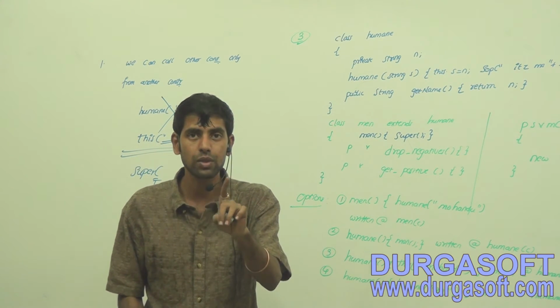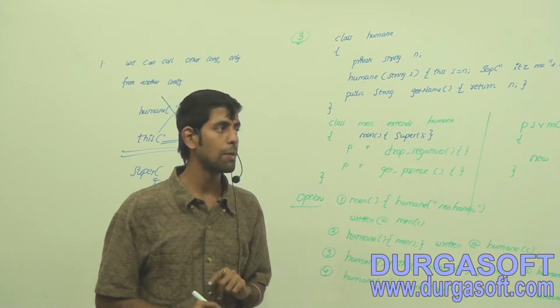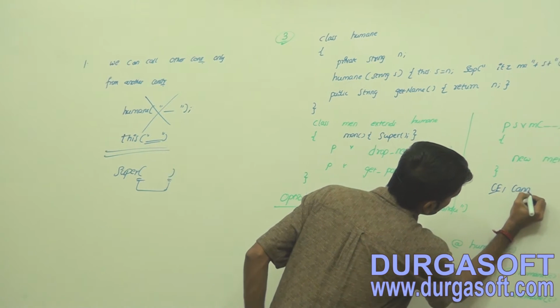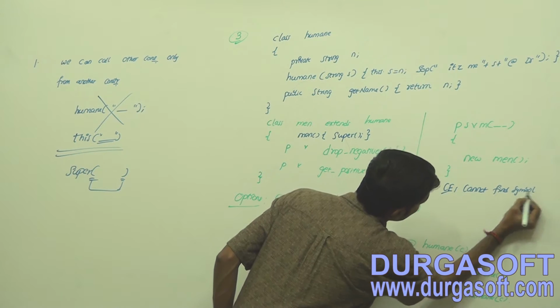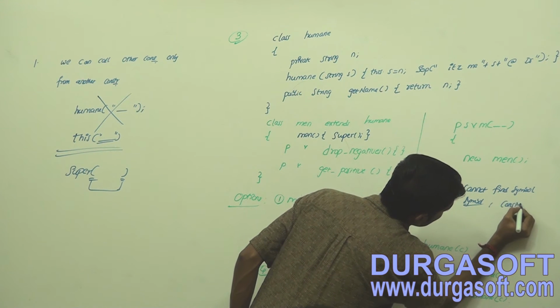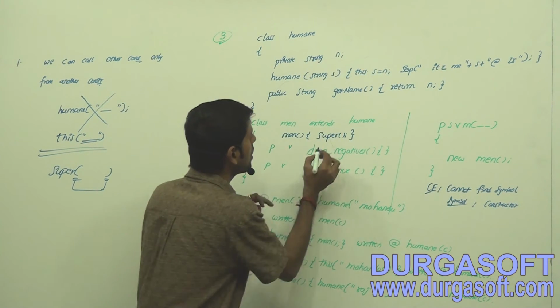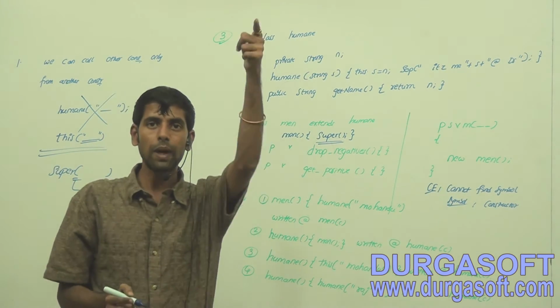So even if you compile this code, it will give a compile time error. That's why I have said, friends, if you compile this one, there will be a compile time error: cannot find symbol. What is that symbol? Constructor. Which constructor? A call to the no-argument constructor of the parent class.